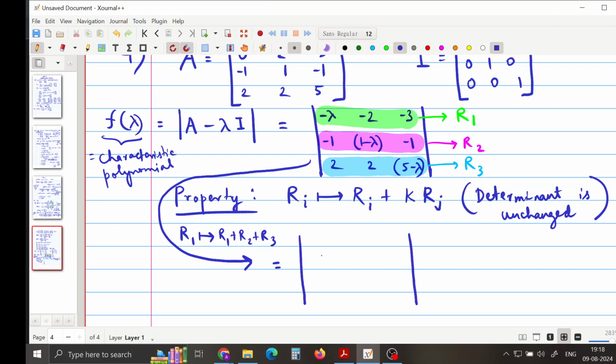So I'm only changing the first row. The second and the third rows will remain unchanged. What I am doing with the first row is taking the sum of all three rows and storing the result in the first row. So can someone tell me the entries of the first row now?